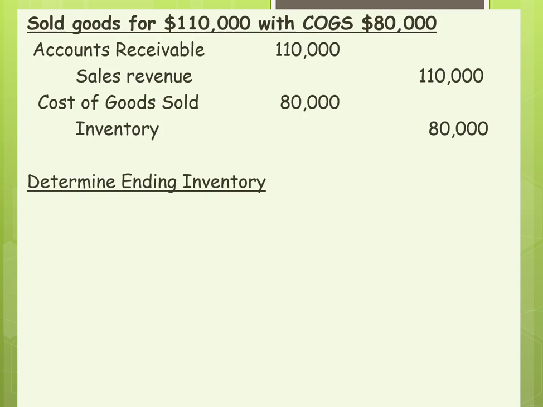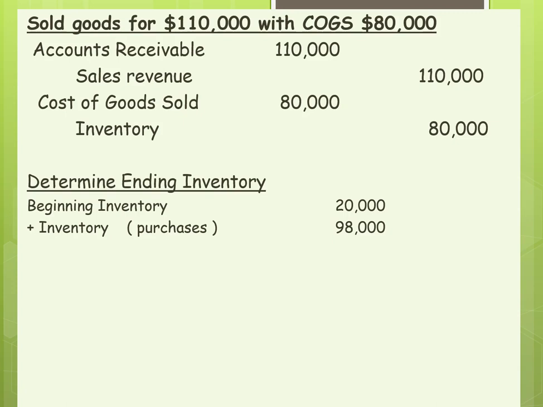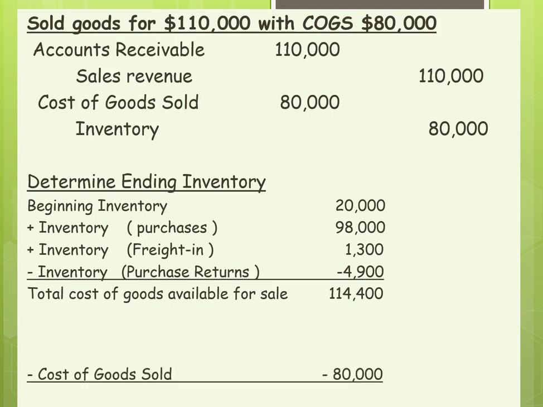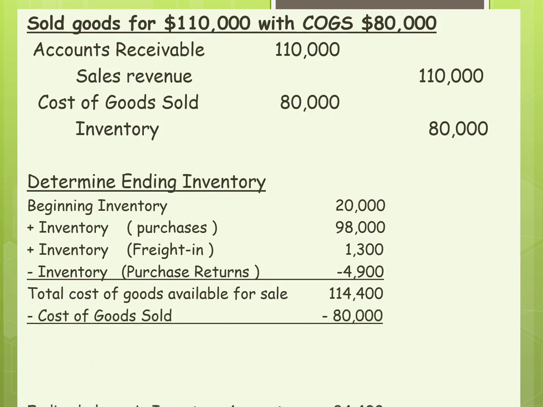Now, how do we determine ending inventory? This is what would have happened, the transactions in our account called inventory. We would show beginning plus purchases plus freight in minus returns, or purchase returns. Total cost of goods available for sale is 114,400, minus cost of goods sold.